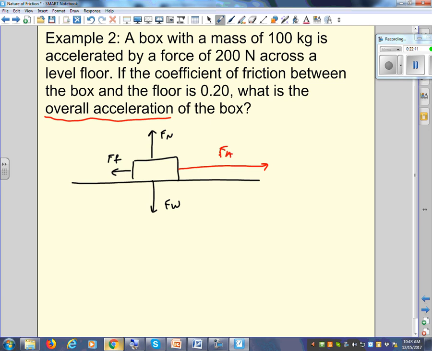Why is the applied force so much bigger? It's accelerating. So this value here is 200. The friction force then should be something less than 200, right? Are we going to do the same steps, do you think?